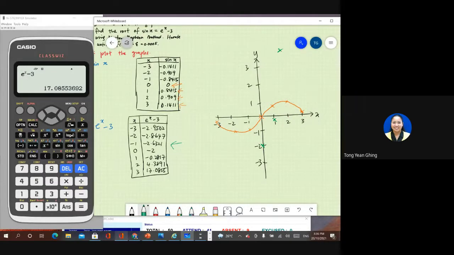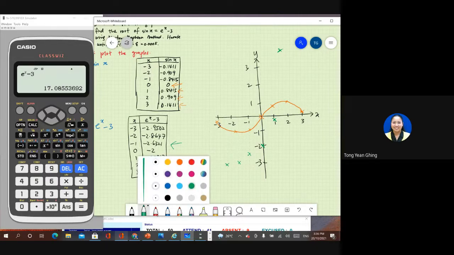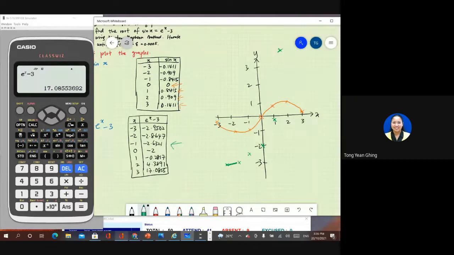And here negative 1 is negative 2.8, nearly 3. Then negative 2.6, and then negative 2.8. Negative 4.9. So the graph is something like this.